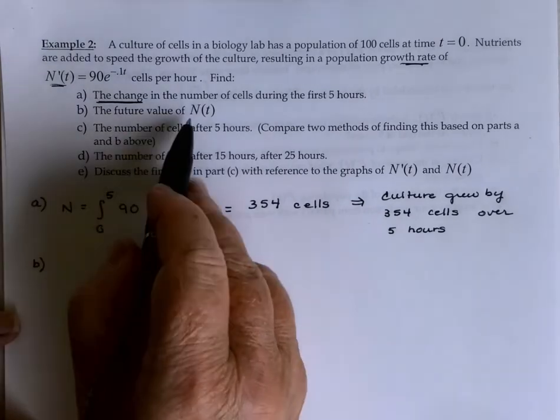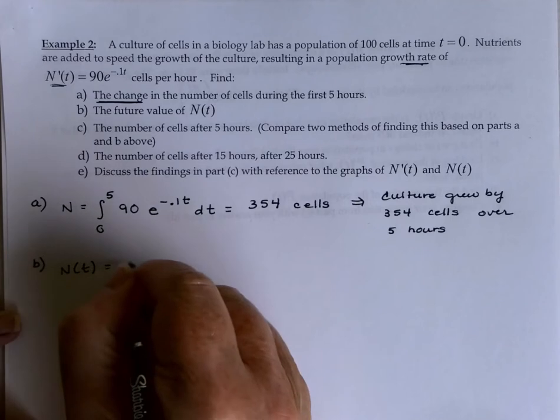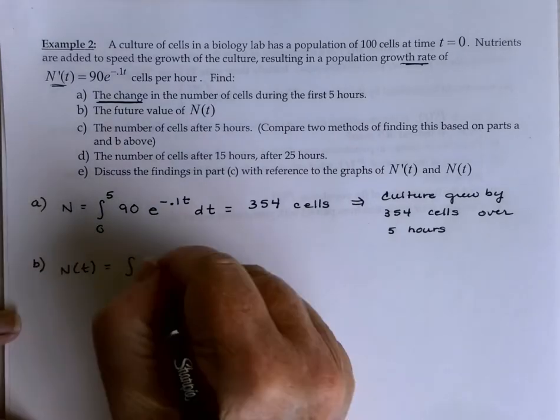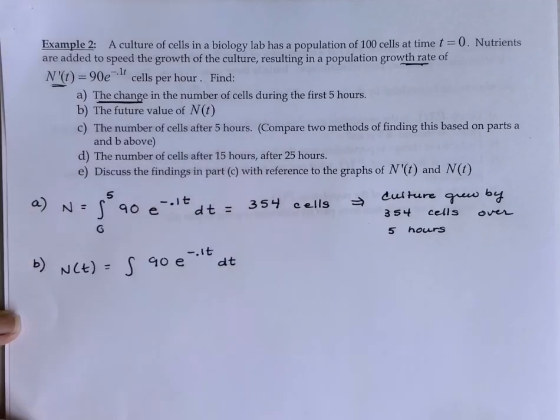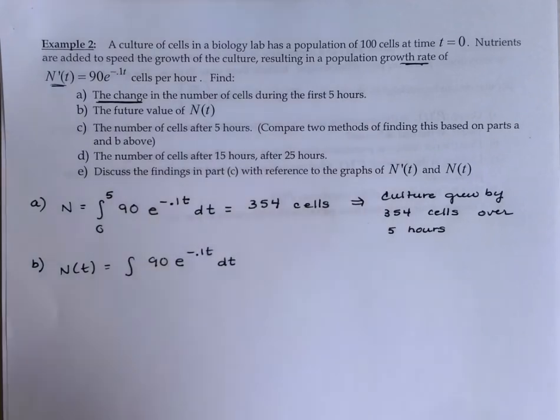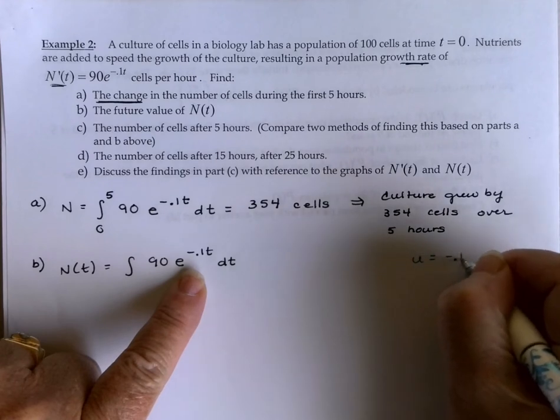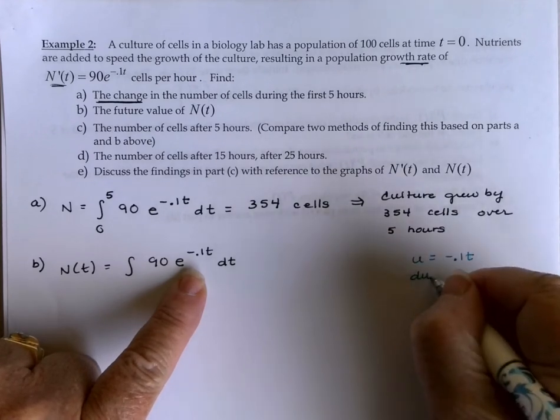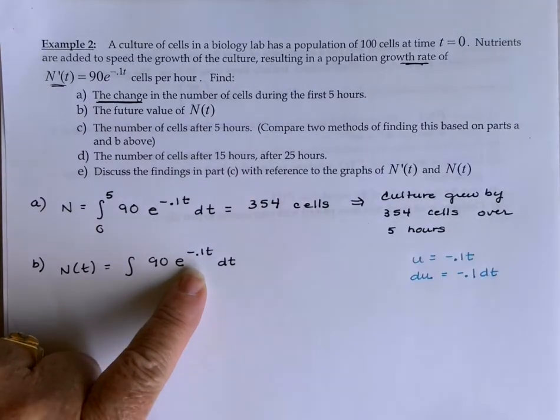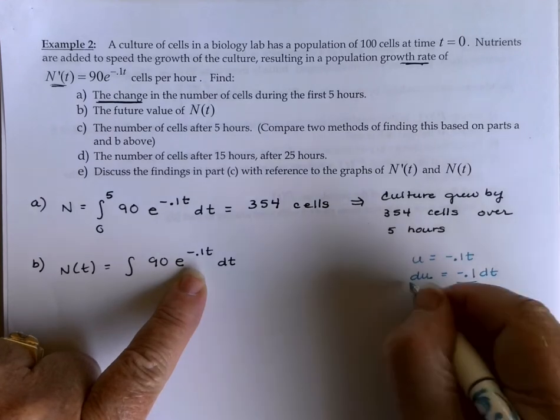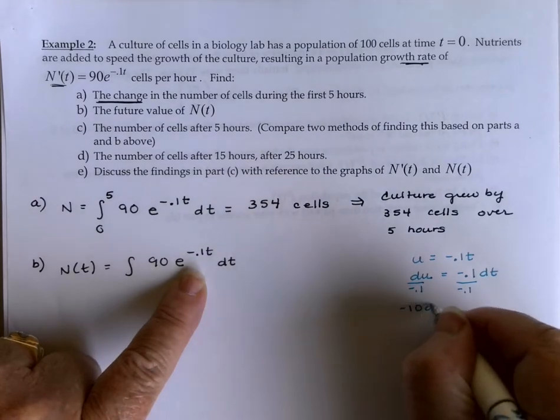All right, part B. We want the future value equation, n of t. The future value equation is always the indefinite integral. And let's see, we haven't done a u substitution for a little while. Let's just write that up real quick. If I let u be the negative 0.1t, then du would be negative 0.1 dt. And if I divide by negative 0.1, dividing by negative a tenth would be like multiplying by negative 10.